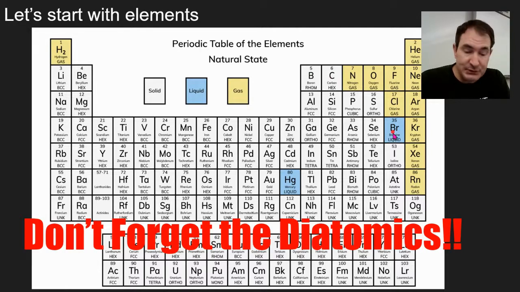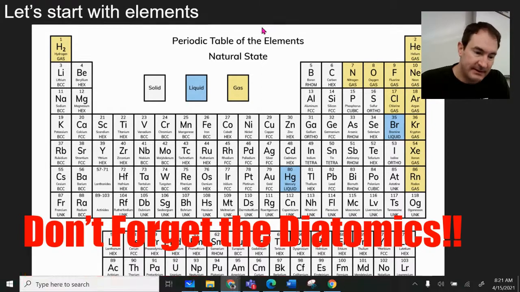So Br2 is bromine in the diatomic, and it's a liquid. And then iodine is our 7th diatomic, and it's the heaviest of those 7, and it's going to be a solid. So again, the first 5 gases, the 6th one, bromine, is a liquid, and the 7th one, iodine, of the diatomics is a gas. Sorry, a solid.